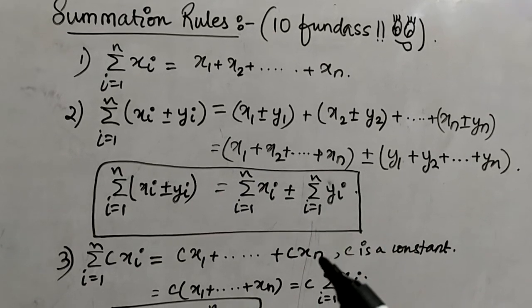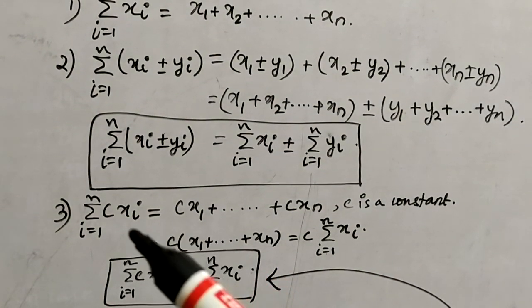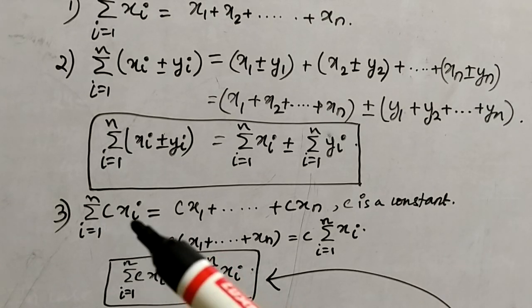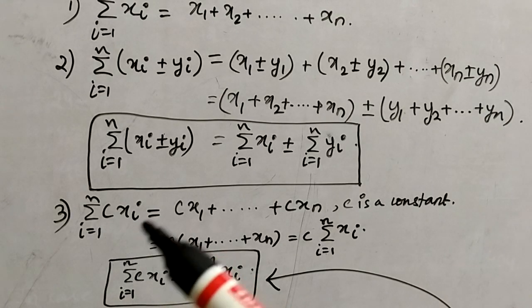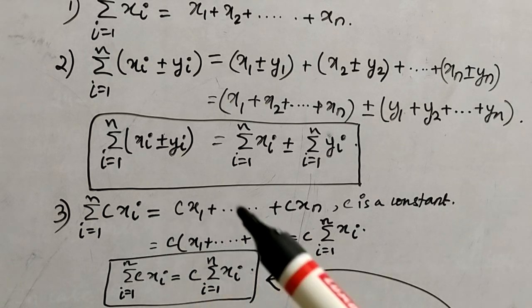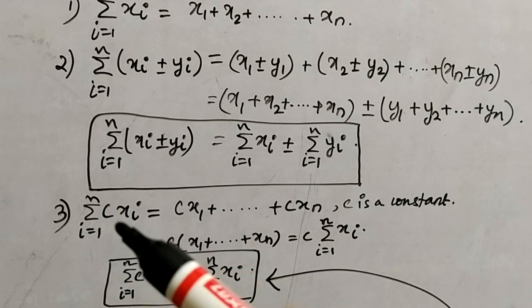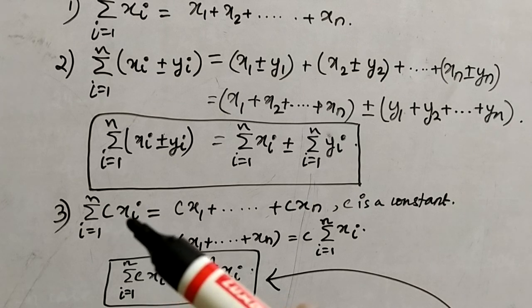Here, what do you have to do whenever there is a constant? C is a constant here. Again we are putting x1, x2, up to xn. Here we haven't written ci, so c is a constant.